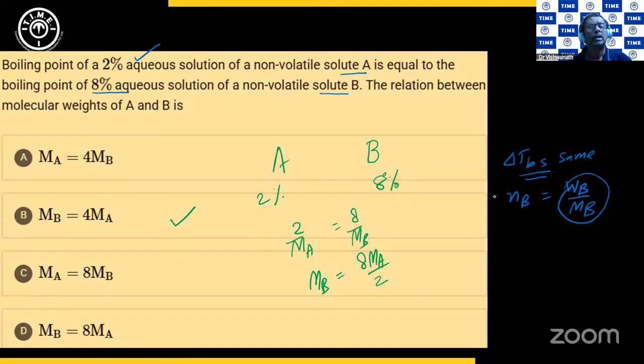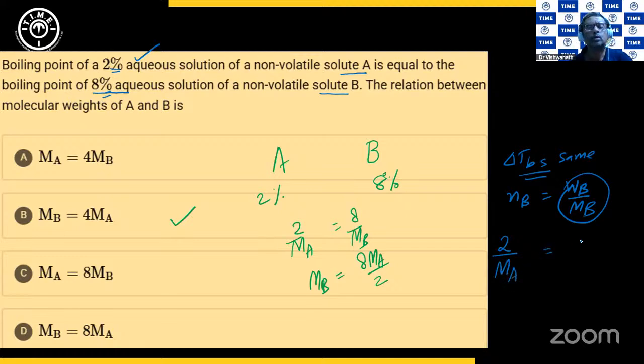Now, we'll take up the first solution. 2% means what? 2 grams out of 100 grams of solution. So both are having 100 grams because this is also percentage, that is also percentage. So the grams of solution is the same. So the first one, we have 2 grams by the molar mass MA, that will be the number of moles of that.